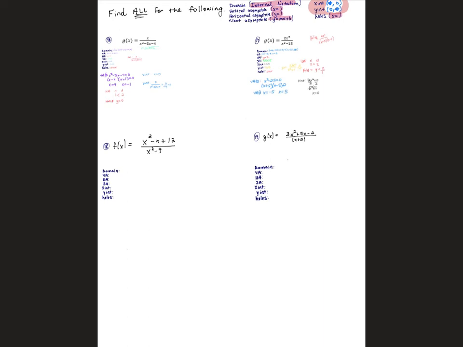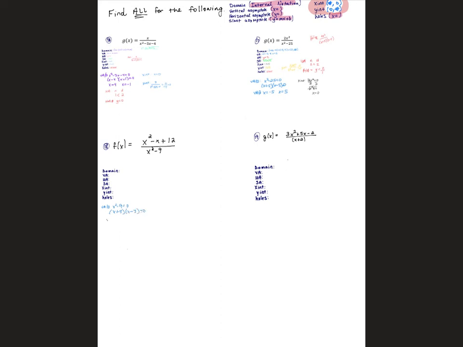Okay, guys, same drill. Domain, vertical asymptotes go hand in hand. So we'll say vertical asymptote, domain. That's setting the denominator equal to 0. So x squared minus 9 equals 0. Gives me (x plus 3)(x minus 3).